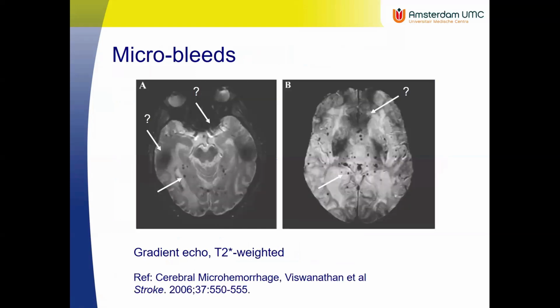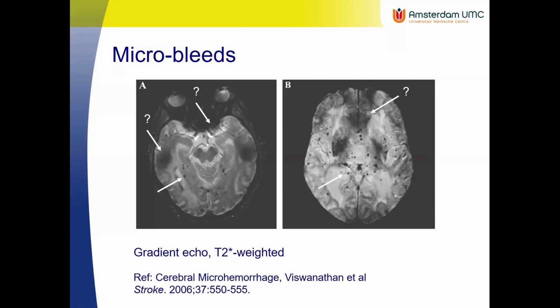Okay, so what is it useful then for the gradient echo? And this is one of the few examples where the T2 star contrast is actually used in the clinic. In case of microbleeds, and then you see all the tiny black spots there with the arrows, and those are microbleeds, so a tiny bit of bleeding in the brain.